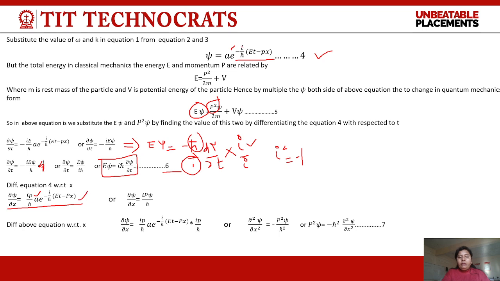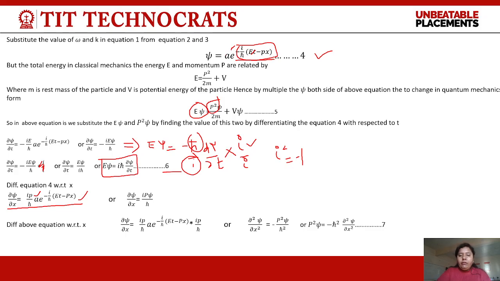After that, we differentiate the term in the power. Because Et is a function of time, it is eliminated. Only i h cut minus px is left. So minus minus becomes a plus, and only i h cut px is left.